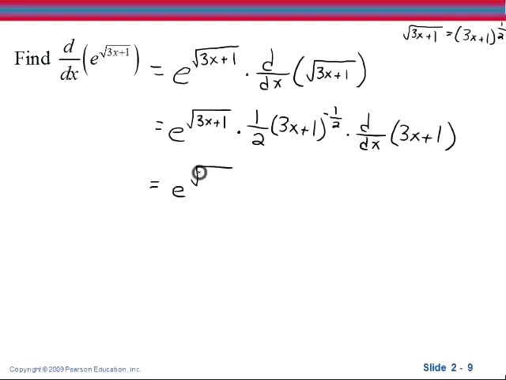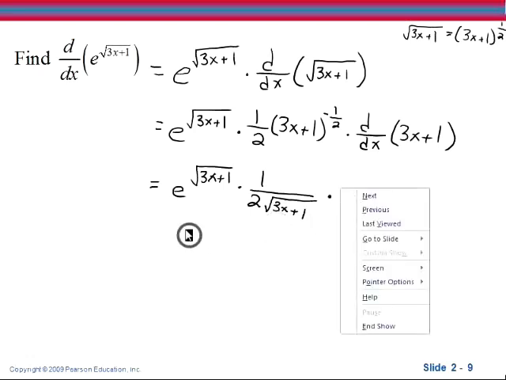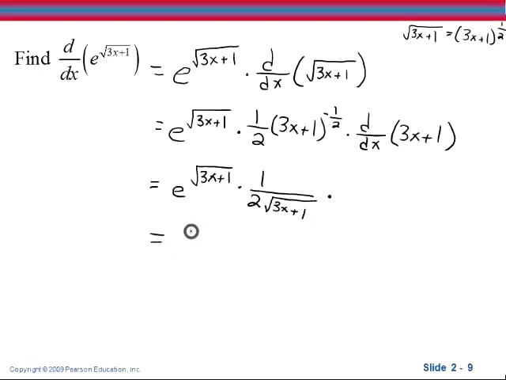So this is e to the square root 3x plus 1 times 1 over 2, and if I make this a positive exponent, I can bring it to the denominator, so that's the square root of 3x plus 1 in the denominator, times the derivative of 3x is 3, and the derivative of 1 is 0, so times 3.